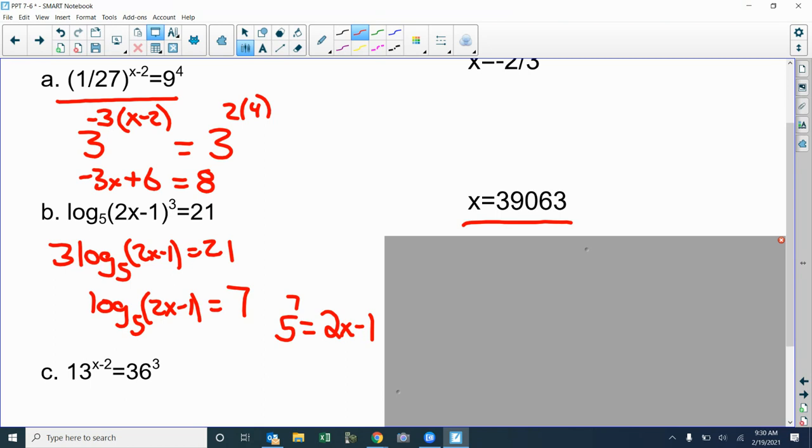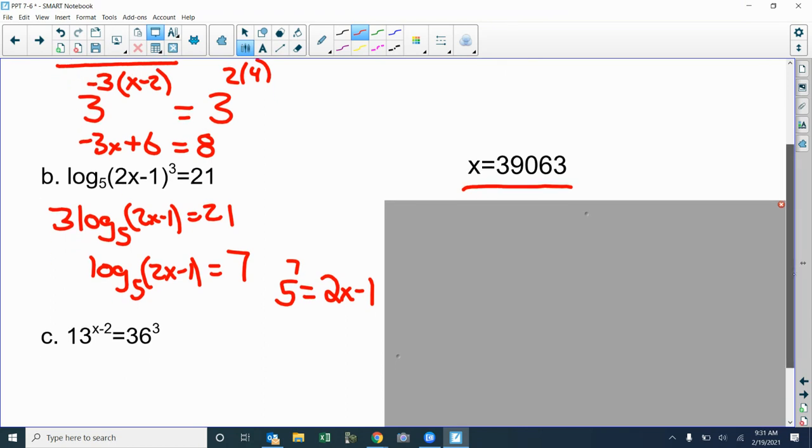It's different than letter A. The last one is still exponential, but I can't get the same base. So what am I going to do? Take the log of both sides. So grab your calculator again. See if you can follow and get through that one with the log of both sides.